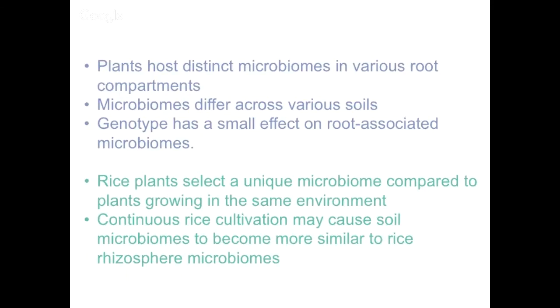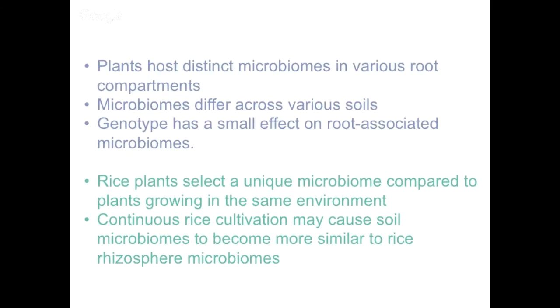So just to summarize this portion, plants have distinct microbiomes that are spatially distributed in these different root compartments. The largest driver of these differences is, of course, the various soil types, and this can be affected by cultivation practices, such as being organic or conventional.